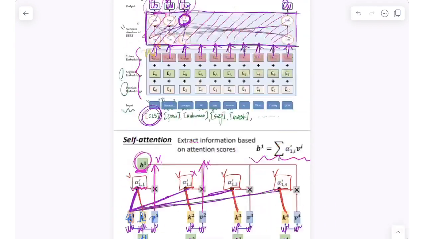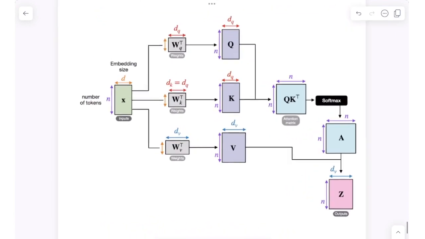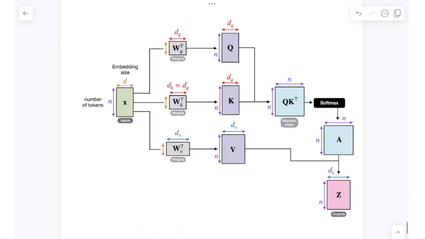So basically, that is the size of this network. If we have n tokens, for each token we have a d-dimensional vector, and we take those X and take the product with WQ, WK, and WV. We assume that the sizes of WQ, WK, and WV are a little bit different.